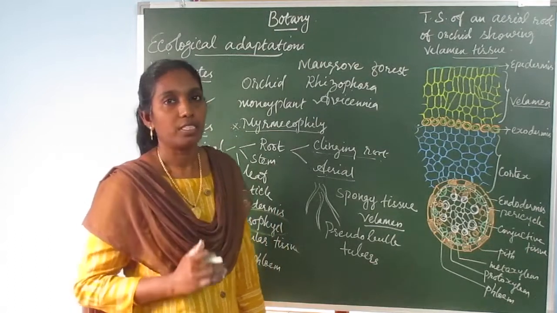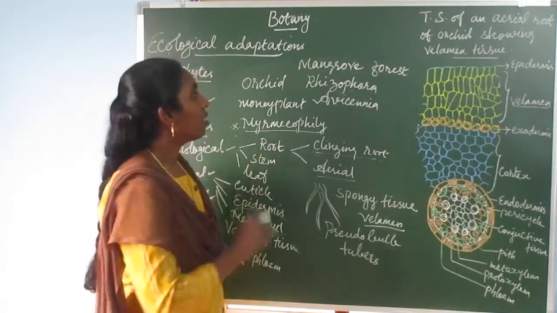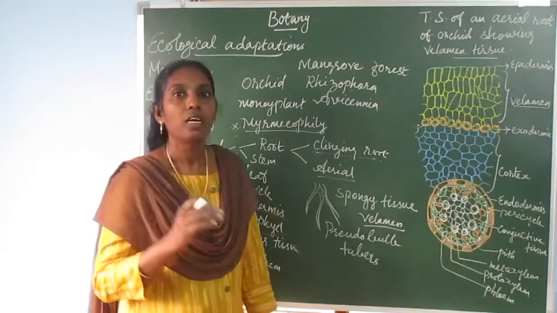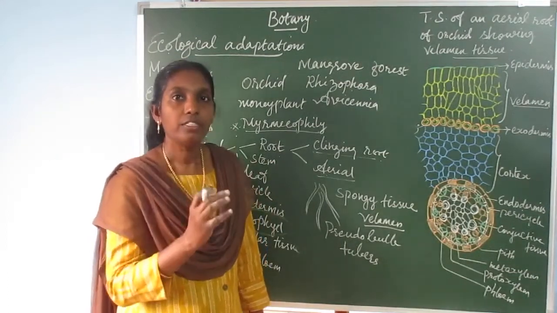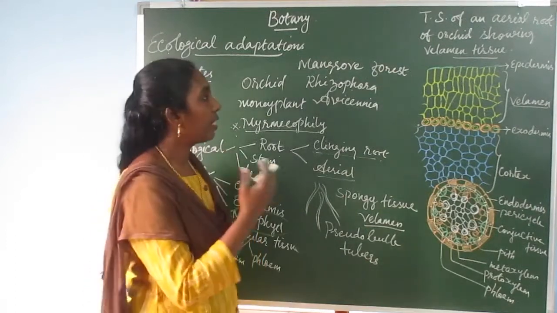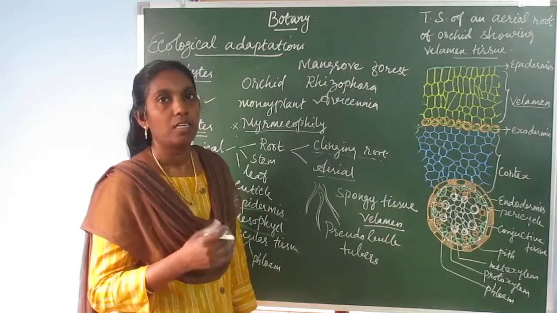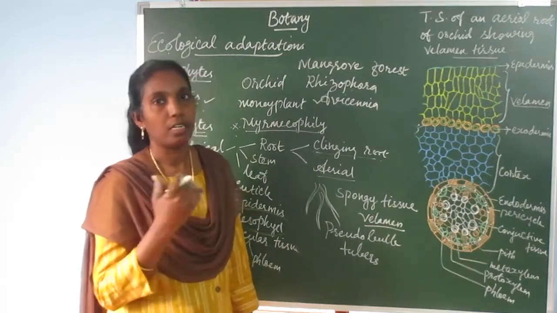What are the morphological adaptations? In plants like Avicennia or Rhizophora, there are different types of plants, herbaceous plants or bushy plants, in tropical areas and temperate regions.